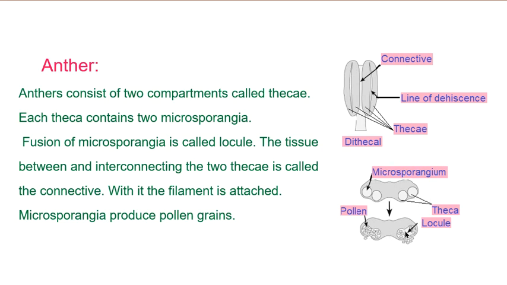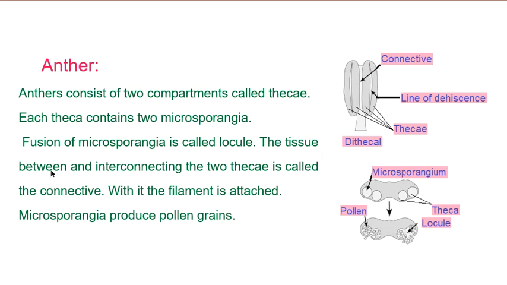Where both microsporangia fuse, it is called locule. If we cut this anther in a transverse section, you will see it looks like this, where microsporangia are there and pollen grains are growing inside the microsporangia, and the portion where they fuse is called locule.